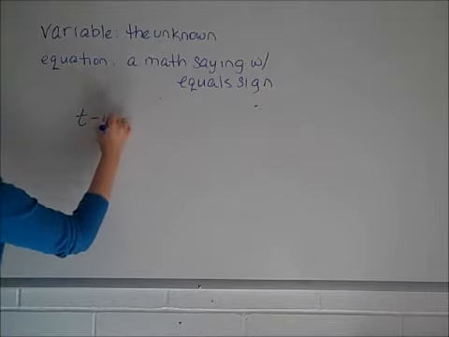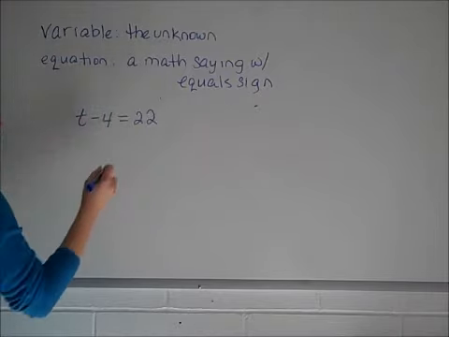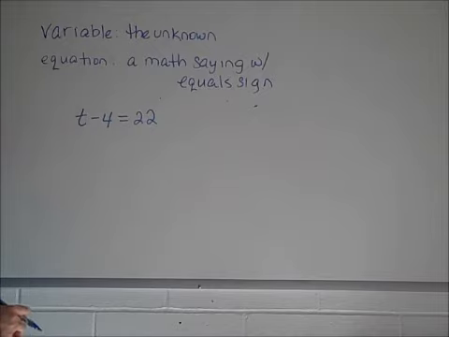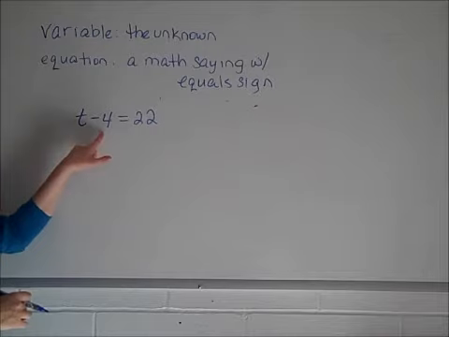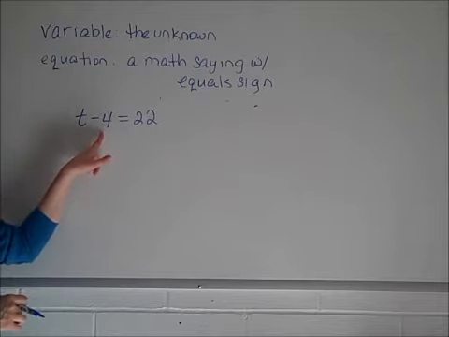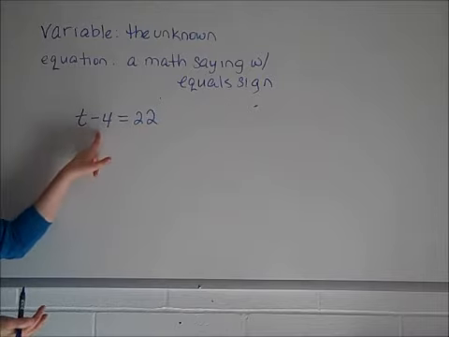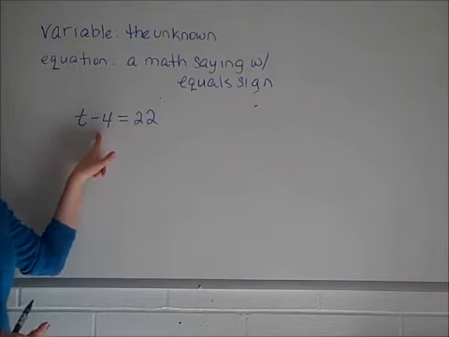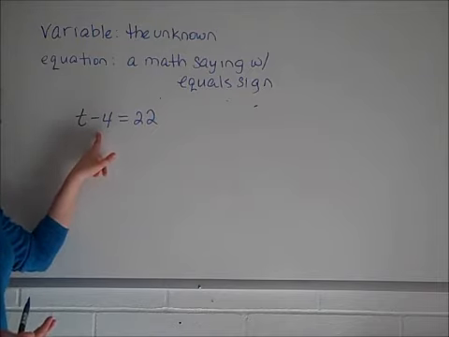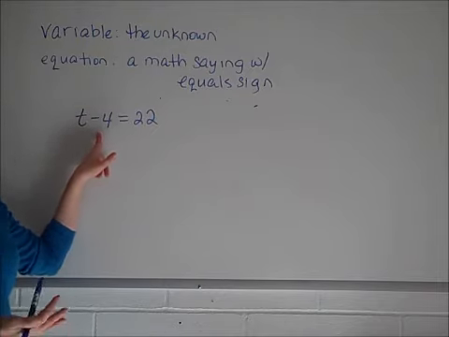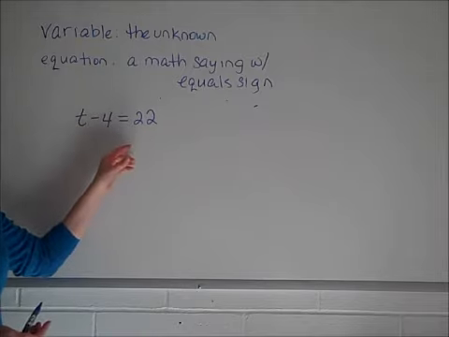T minus 4 equals 22. So in this situation, our variable is the letter T. So in order to get T alone, we need to move that minus 4 over. The way that we can move that minus 4 over is to figure out a way to make it 0. The opposite of subtracting 4 is adding 4. And the rule with equations is that you can do anything you want as long as you do the same thing to both sides.